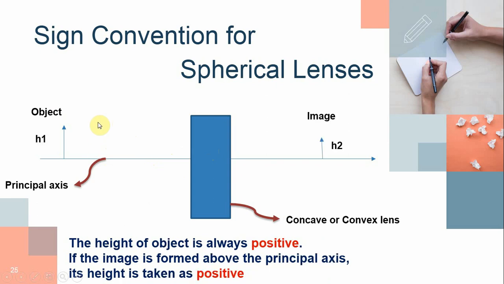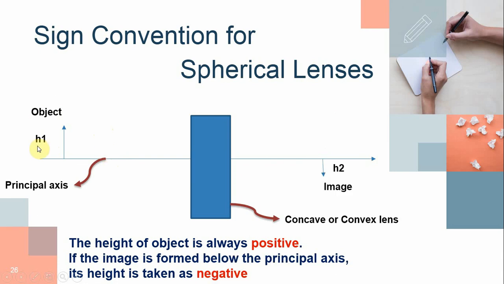And the next case, we discuss the height or size of the object and image. Now we discuss the height of the object, that means h1. The size of the image is h2. Object and image are formed above the principal axis, so both heights are taken as positive values, because above the principal axis we take positive, below the principal axis we take negative.